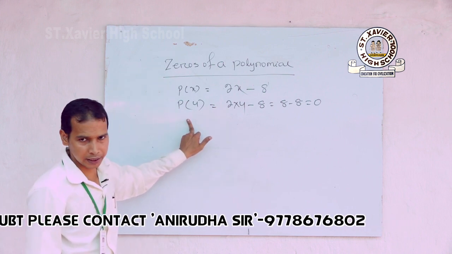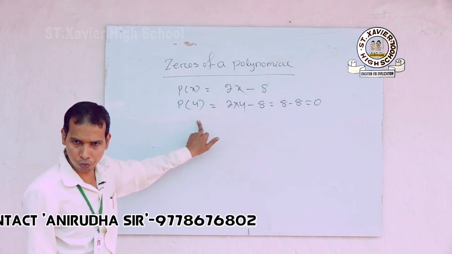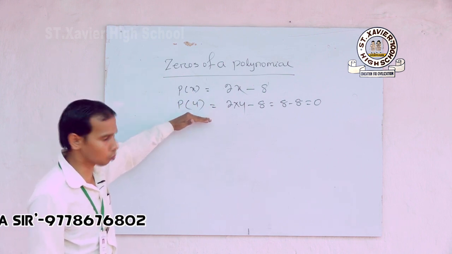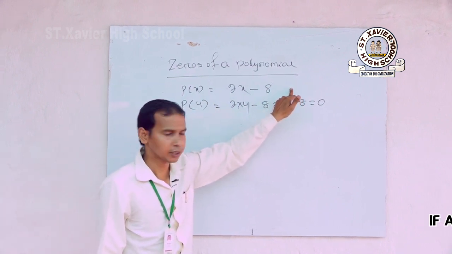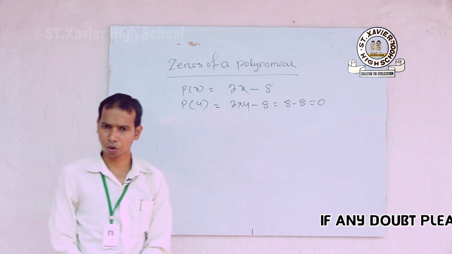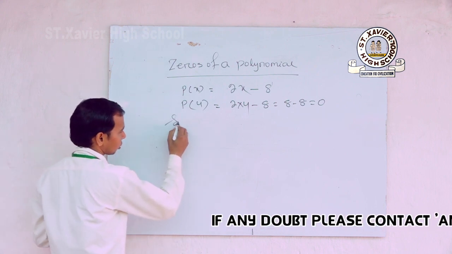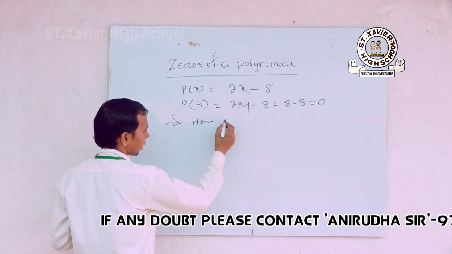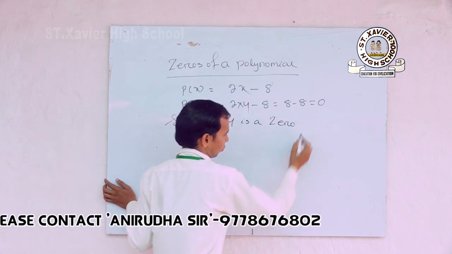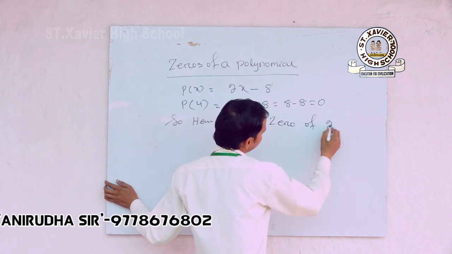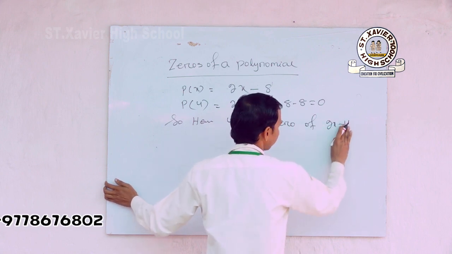So now we get for x equal to 4, the value of 2x minus 8 is equal to 0. So here 4 is a zero of 2x minus 8.